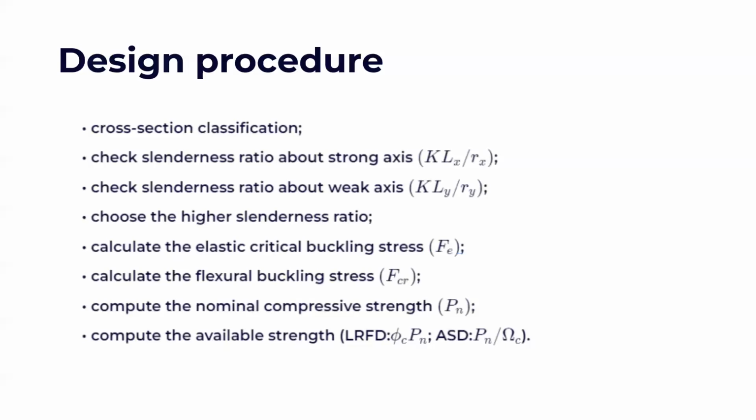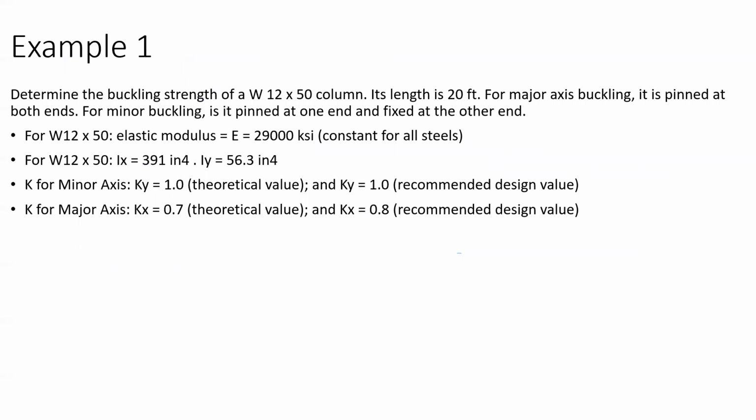And then, i-check natin yung slenderness ratio about the x-axis or the major axis, and then slenderness ratio of the minor axis. Tapos, pipiliin natin kung alin doon, then critical buckling, flexural buckling, and then nominal compressive, and then makukuha na natin yung available strength. So, yan yung gagawin natin ngayon. We have 4 examples. So, let's begin.